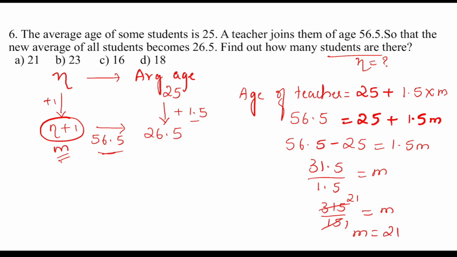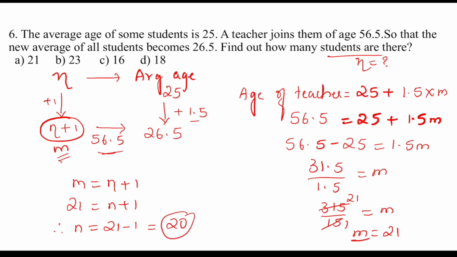But I don't want the m value, I want the n value. We know that m is equal to n plus 1. M we got as 21, therefore n is equal to 21 minus 1, which is equal to 20. So the number of students in the class was 20.